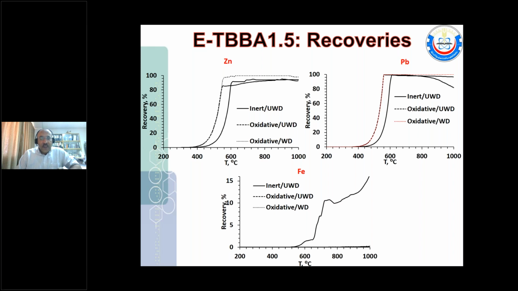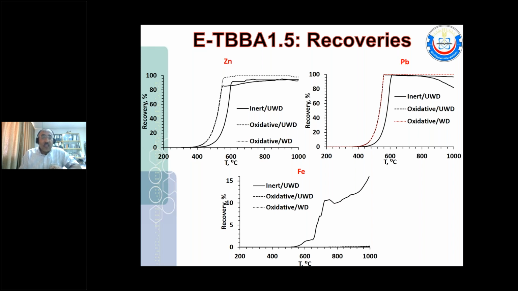This fascinating result that we reached from the FactSage, we applied it really. We did it for brominated flame retardants, and also for the PVC when it is mixed with electric arc furnace dust.